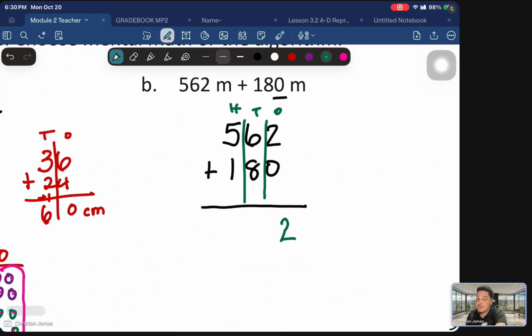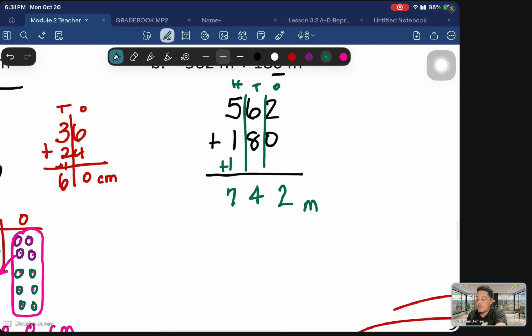If I don't know what 6 plus 8 is, I can ask myself one thing: I know that 8 plus 8 is 16, and I can simply take away 2 from 16, and that gets me to 14. So I'm going to put my 1 here and put my 4 here. Now 5 plus 1 is 6, plus 1 more is 7. 742 meters is our answer.